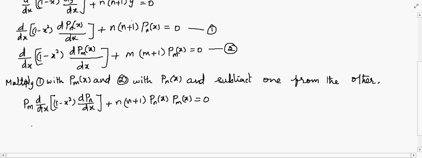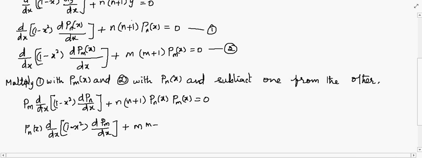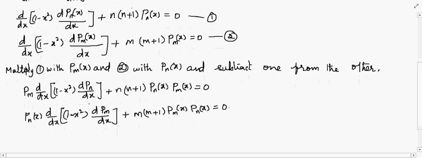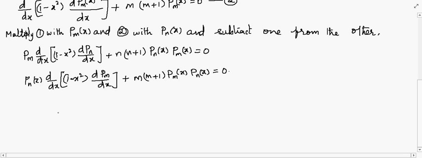The other one is Pn(x) d/dx of (1 - x²) dPm/dx plus m(m+1) Pm(x) Pn(x) equal to 0.